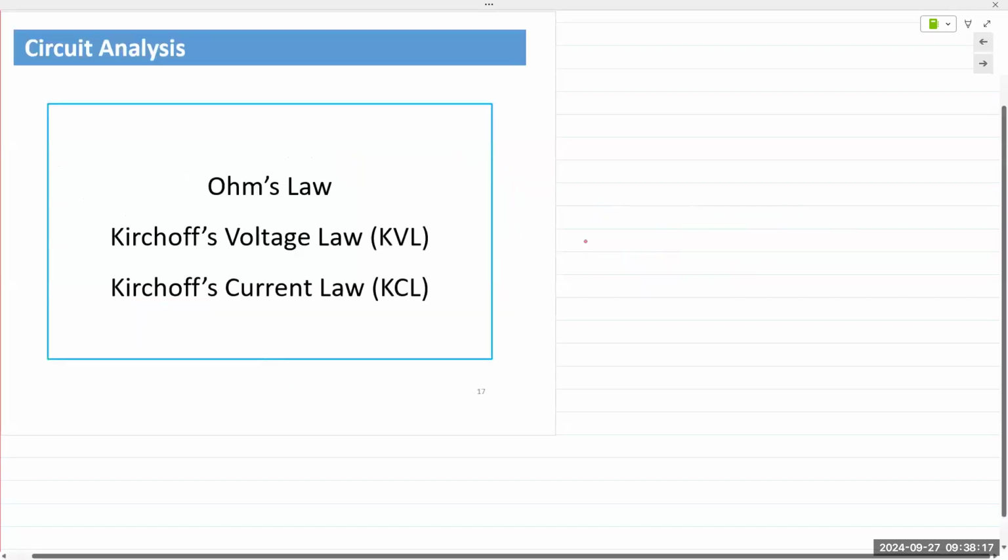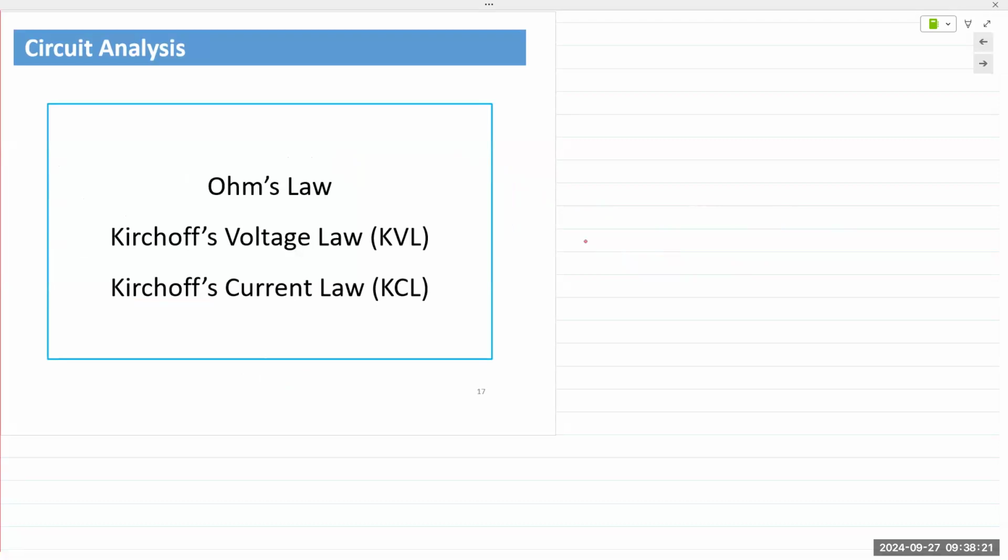All right, circuit analysis. How many circuit analysis techniques did you learn? Lots of them, right? Apart from these three, you learned about voltage division, current division, Thevenin, Norton, node voltage analysis, mesh current analysis, superposition. Do you all remember all of those?